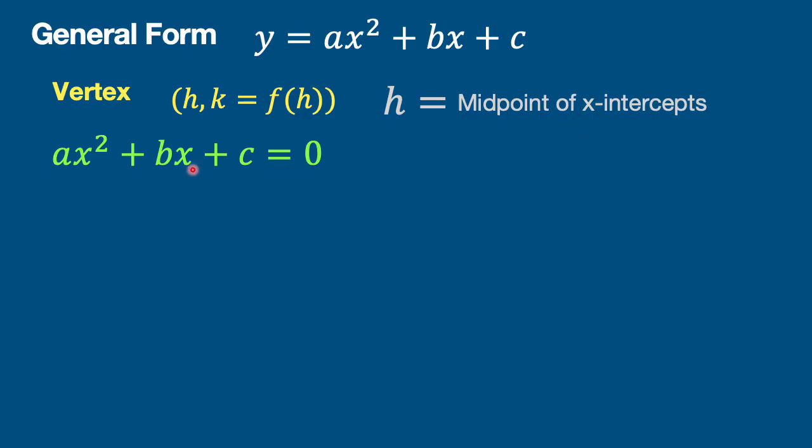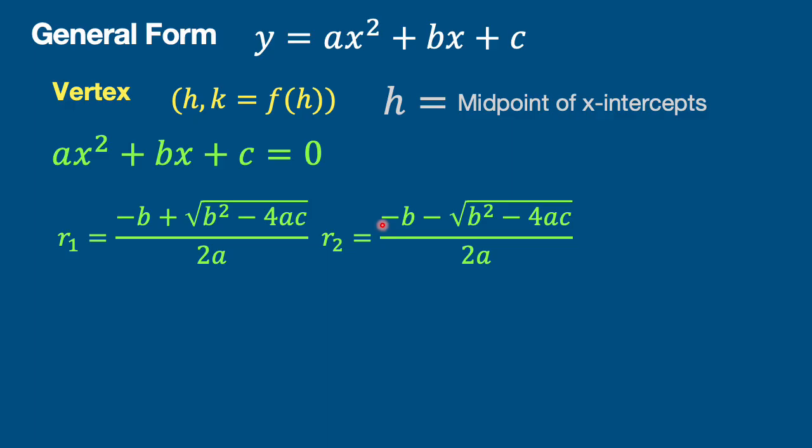So this is a quadratic equation. When you have the general form of a quadratic equation, we should use the quadratic formula. Quadratic formula gives two answers. One is negative b plus square root of b squared minus 4ac, over 2a. That's one solution. Second solution, negative b minus square root of b squared minus 4ac, over 2a.